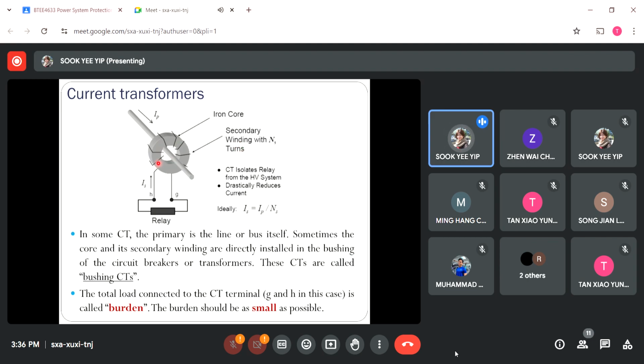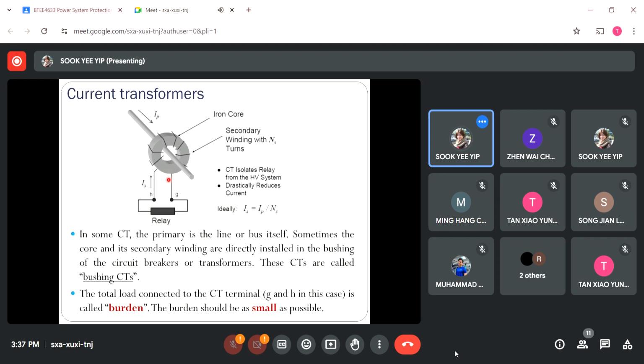How I can find the current here is based on this equation. The step down current at the secondary side can be found by having the primary current divided by the number of winding turns at the secondary side. This is the ideal condition. That's how we can find the step down current. For information, there is a total load able to be connected at the secondary side of the current transformer.